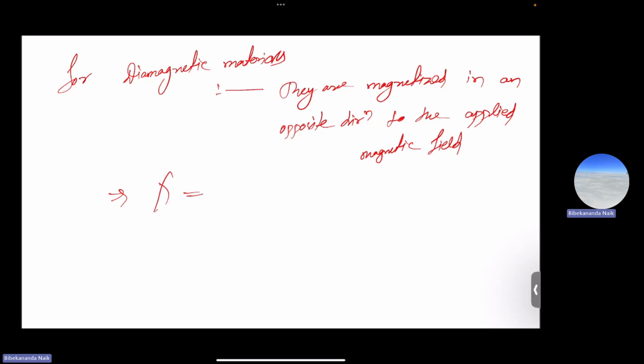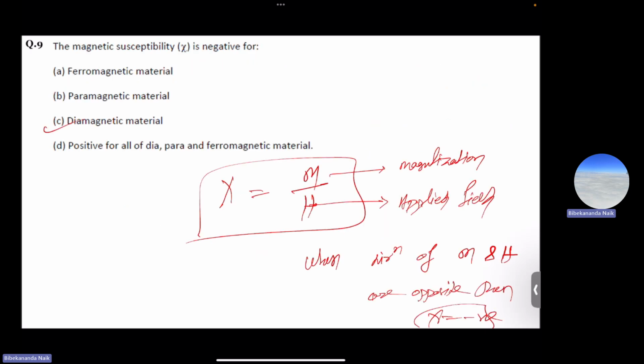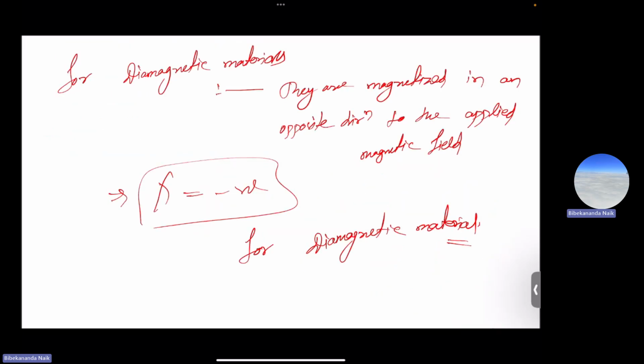That implies chi is negative for diamagnetic material. So the correct option will be option C, that is diamagnetic material.